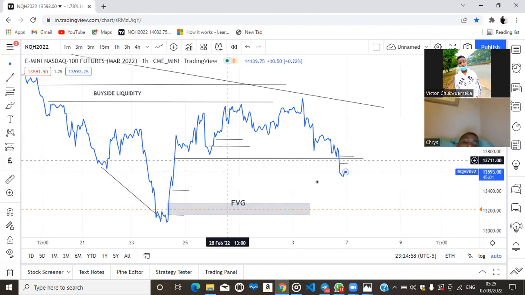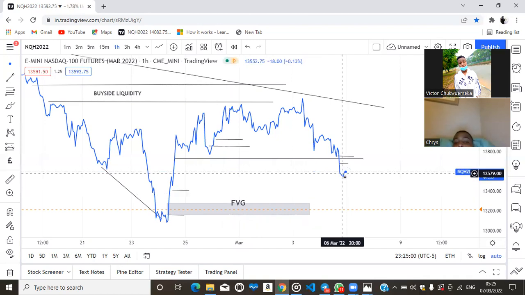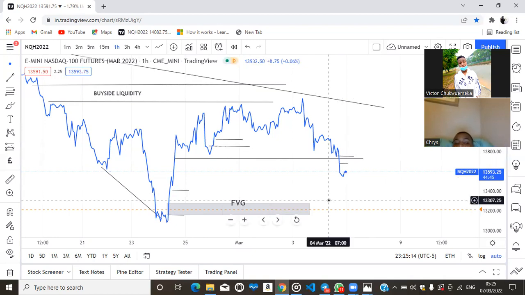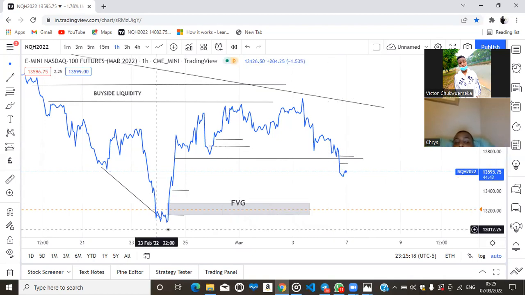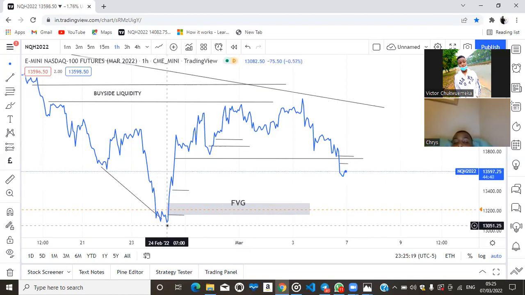Now I can see a break of structure around this point. If price can retrace back here, it should be a good selling with your stop loss above this high. And if it goes straight to this fair value gap, we're looking for buys and stop loss below this low.